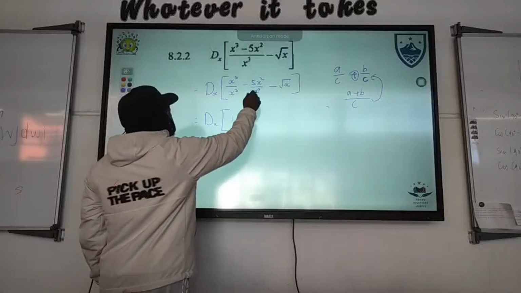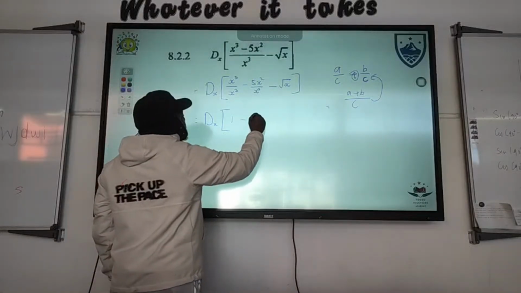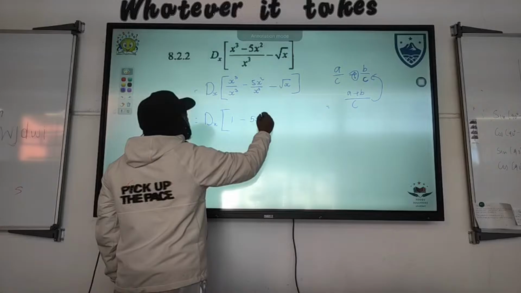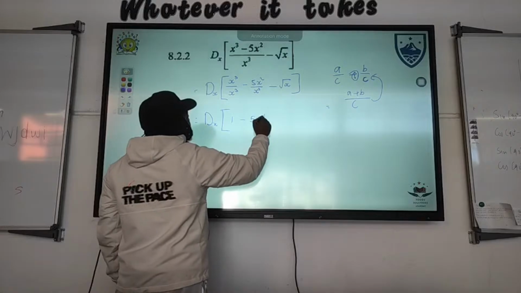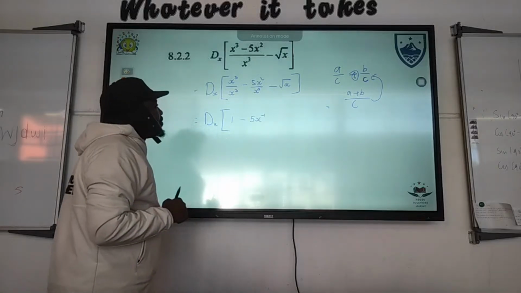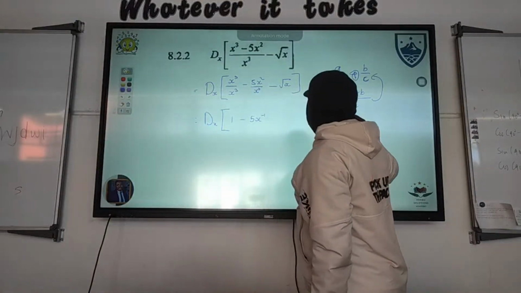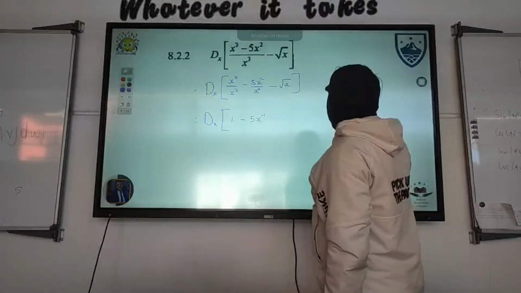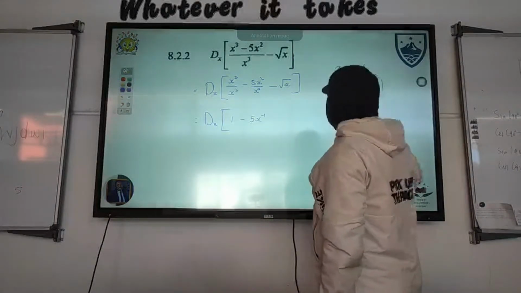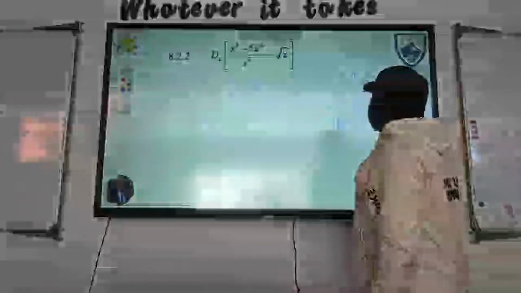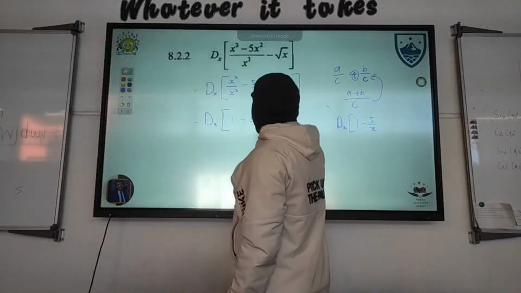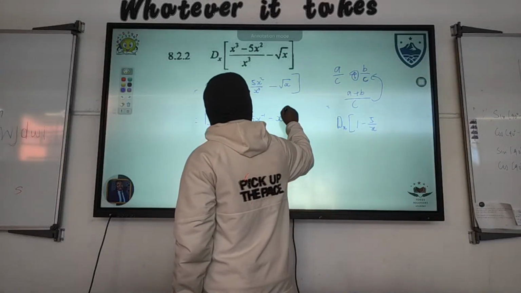And then for this, it will be 5x to the power of -1. Or somebody can say this is the same as 1 minus 5 over x. Still okay. And then this one will be the same as x to the power of 1 over 2.